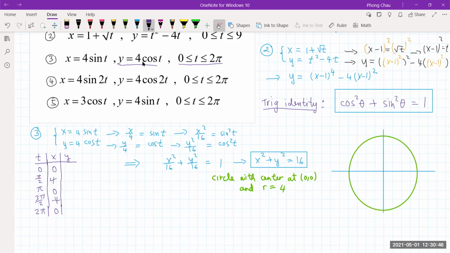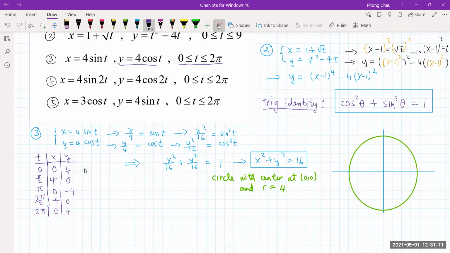So for the y, cosine of 0 is 1 times 4, that is 4. And then cosine of pi half is 0. And 3 pi over 2 is -1, so I have -4. Cosine of 2 pi is 1, times 4 is 4.